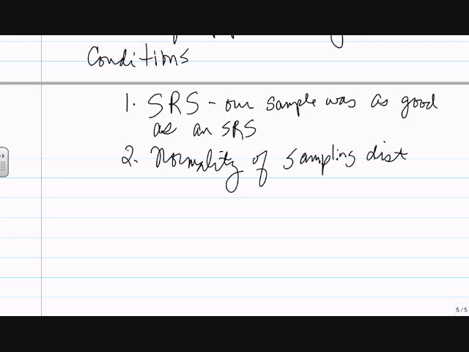Our sample size was a little small. Let's say we know the population distribution is normal. I'll say we made this up. We'll proceed with caution.